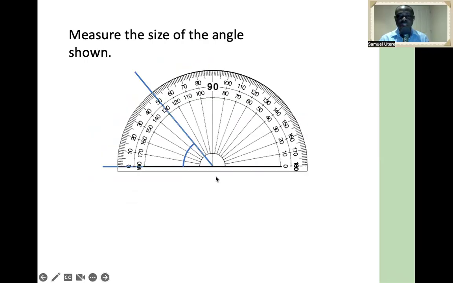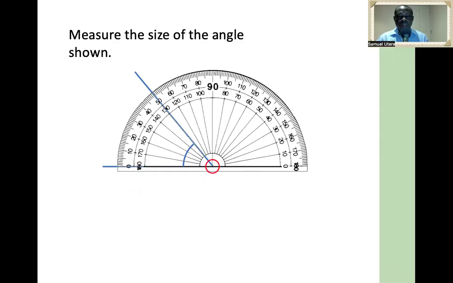So we make sure it lines up like that. And then you can see that the 0 of the outside scale lines up with one of the lines of the angle we want to measure. Now we can simply just read the number. We can see that it is 50 degrees.